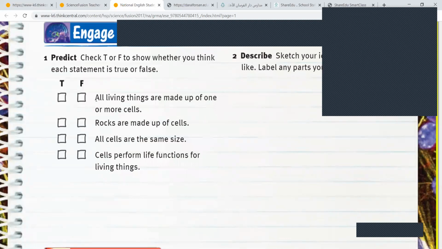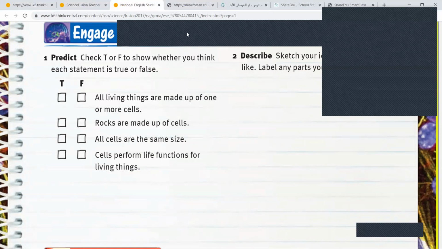Read the first one and answer me. All living things are made up of one or more cells. Living things have one or more cells. True or false? True. Very good.